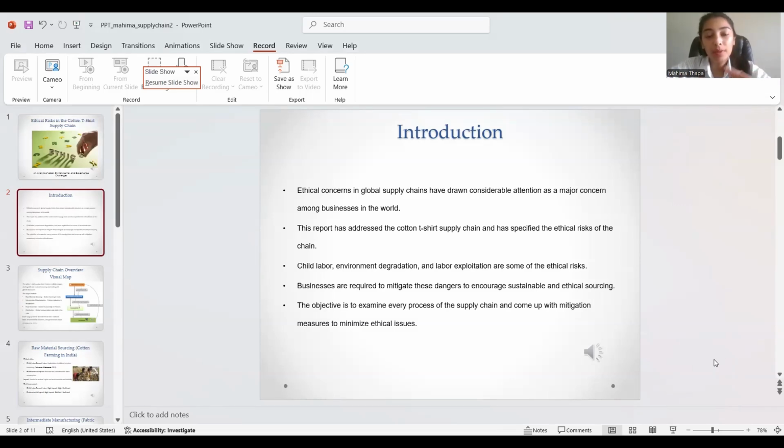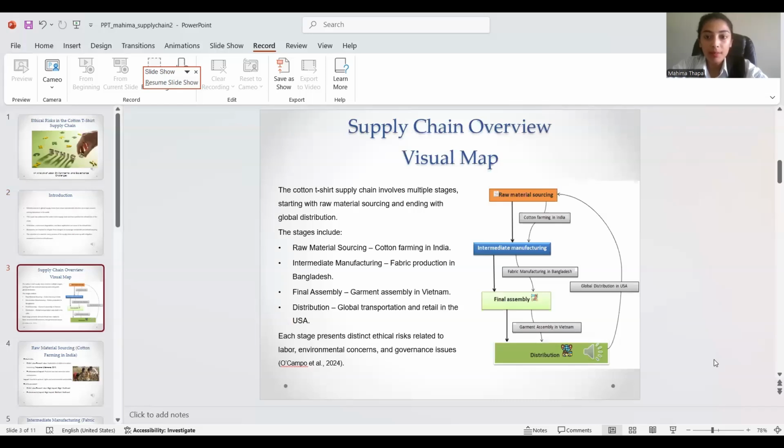So businesses are required to mitigate these dangers to encourage sustainable and ethical sourcing. Here my goal is to show how complex ethical sourcing can be and how companies can address risk at each stage, from cotton farms to retail stores. So let's go to the next slide, which is the supply chain map.